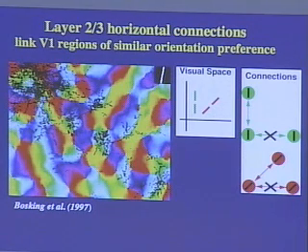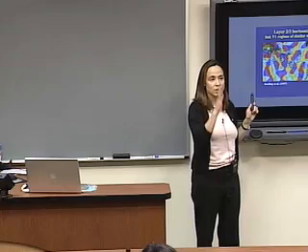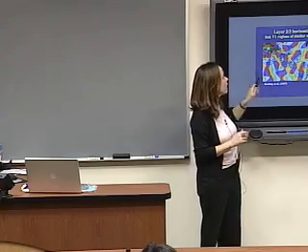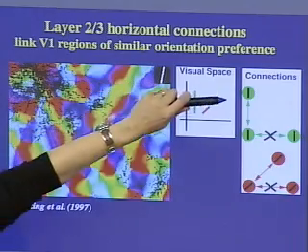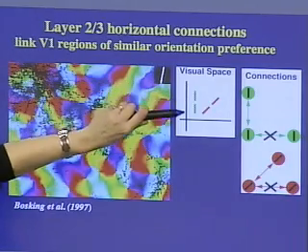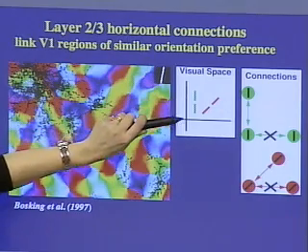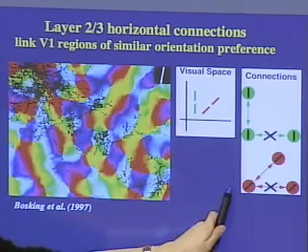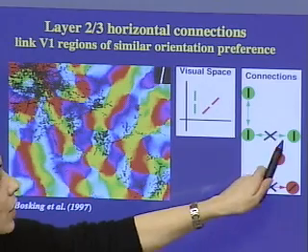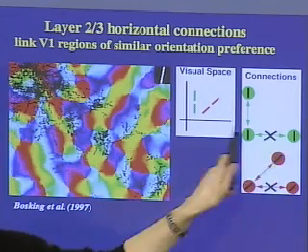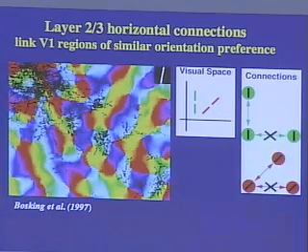And they do so along an axis in space that is collinear with the orientation preference of the cells of origin. That is, they will link cells that are collinearly aligned, or the same orientation, are collinearly aligned in this dimension or in that dimension, but not, for example, cells like these that have the same orientation but are not collinear. So these connections seem to be perfect for doing this contour integration, or perception of curvature, if you want, and so on.